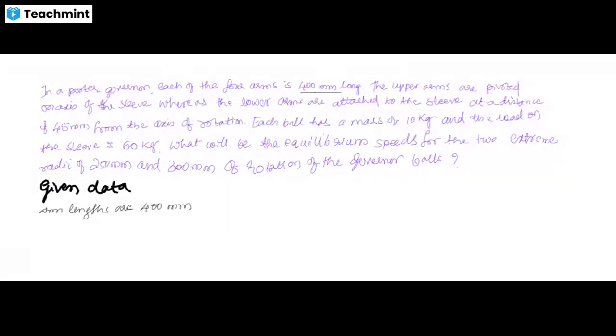Sometimes the lower arm length may be different from the upper arm length. Lower arms are pivoted at a distance of 45 mm from the axis of rotation.